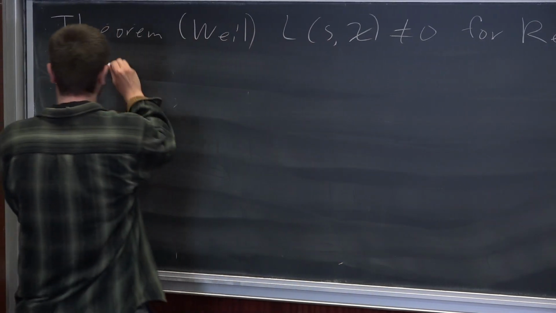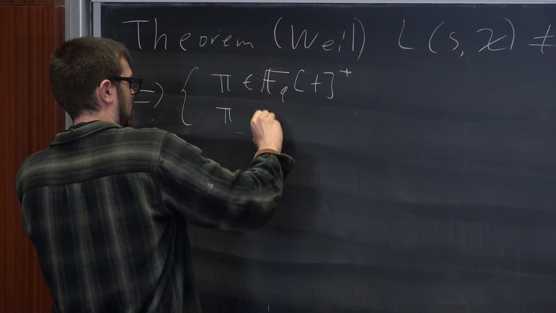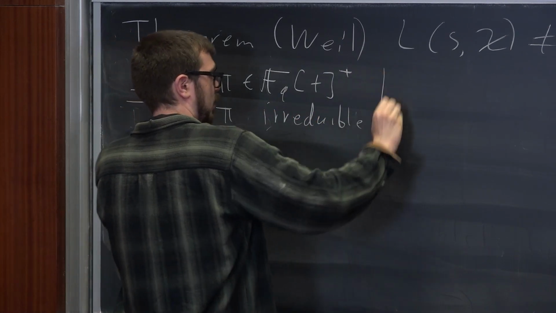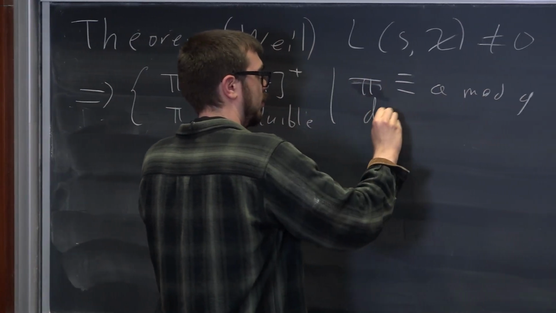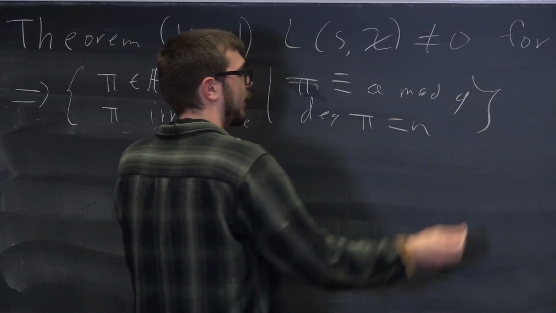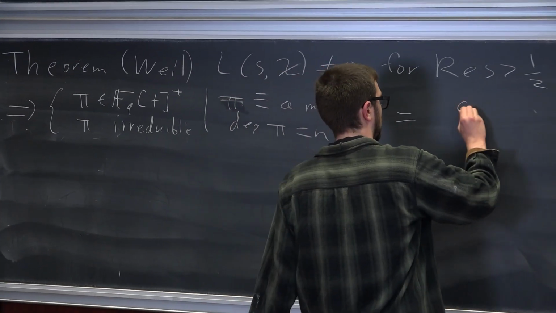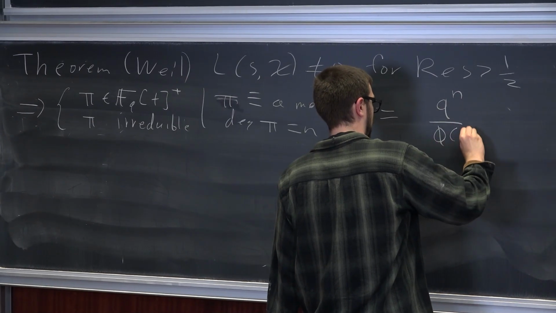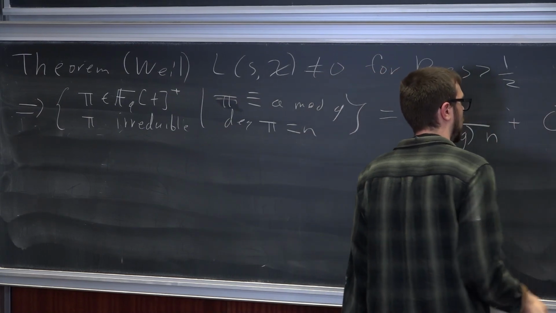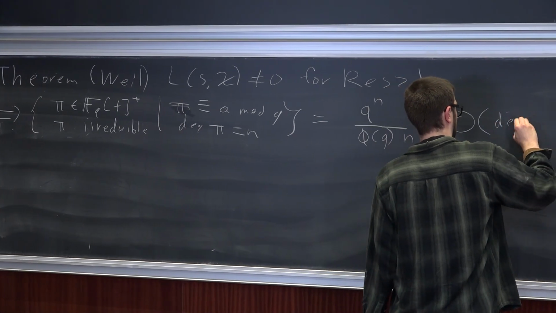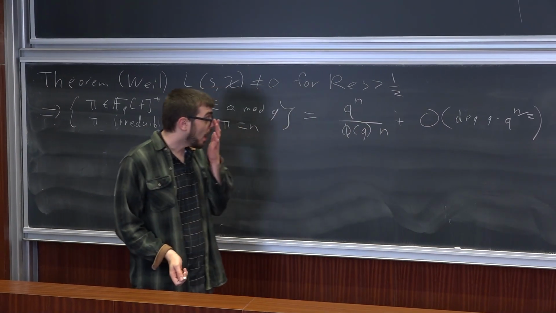It tells us the number of pi in F_q[T], monic, pi irreducible, pi congruent to a mod g, degree of pi equal to n, is equal to q^n over phi(g) times n, plus O of degree g times q^(n/2).